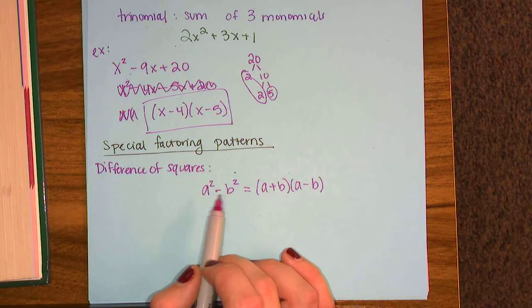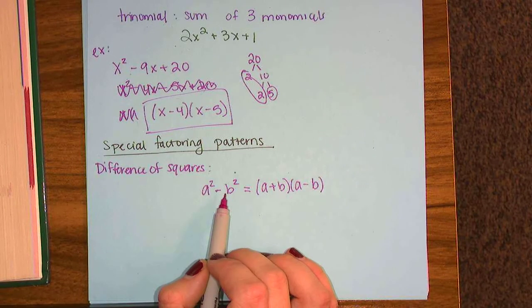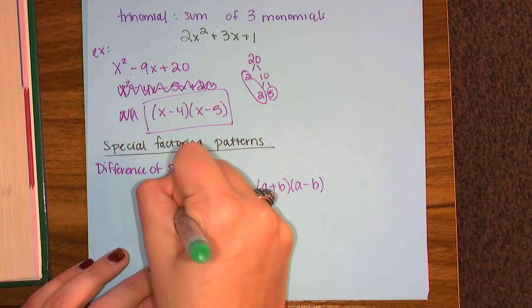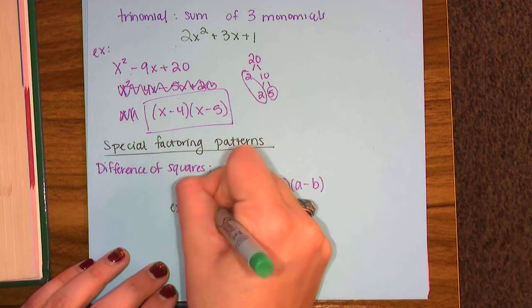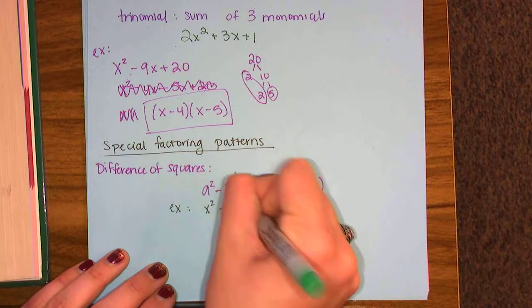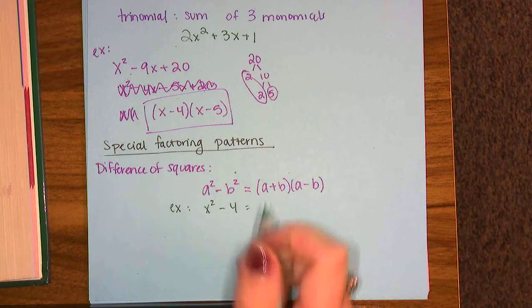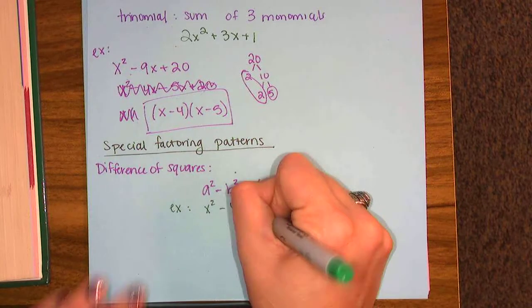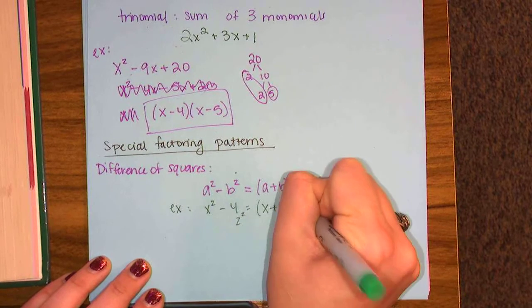So when you see a squared minus b squared, you go straight to a plus b, a minus b. Now, just a quick example. x squared minus 4. Now remember, 4 could be written as 2 squared. So I would do x plus 2, x minus 2.